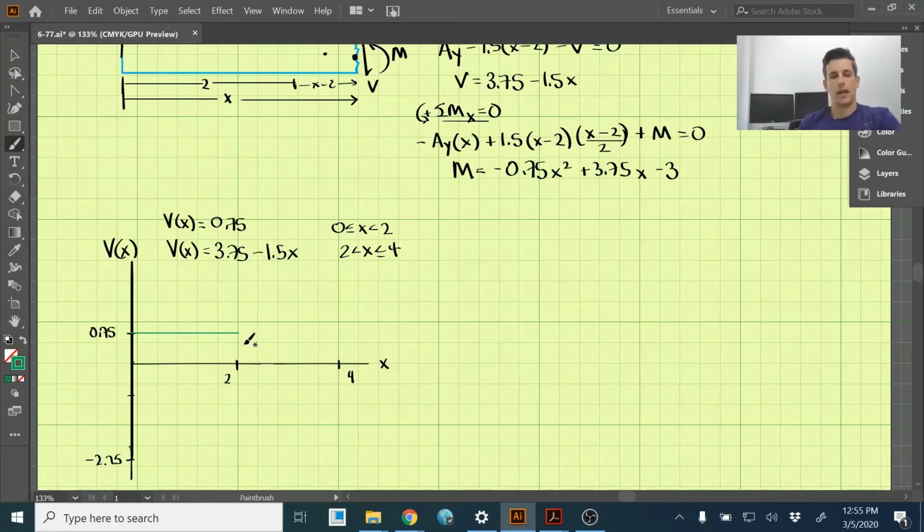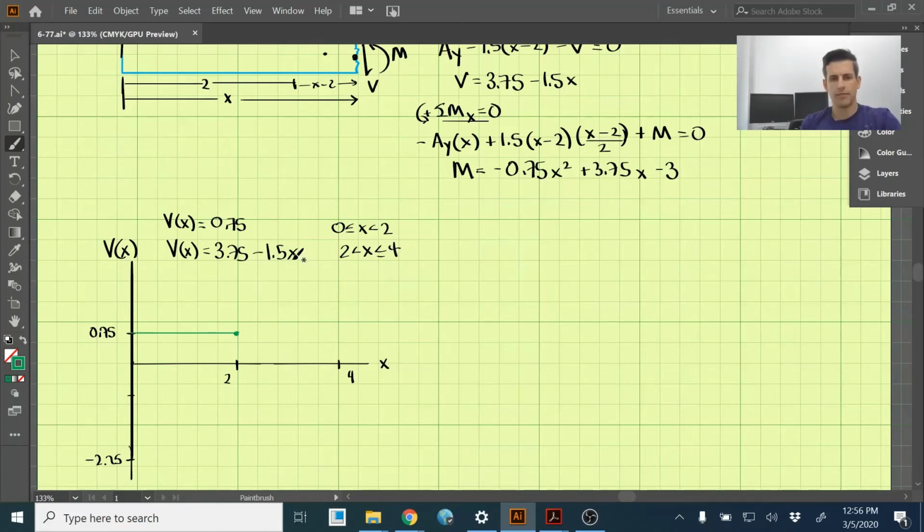If we plug 2 into the second equation, that's 3.75 minus 2 times 1.5, which is 3.75 minus 3. So we also get 0.75. That's that point there.